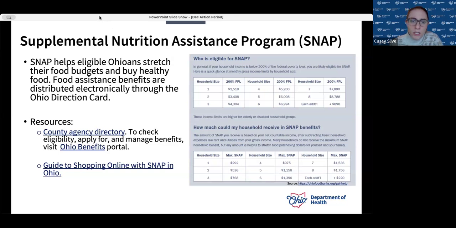Generally, if a household size is below 200% of the federal poverty level, individuals are likely eligible for SNAP. Here are also, at a quick glance, the monthly income levels based on household size. All right, next slide, please.